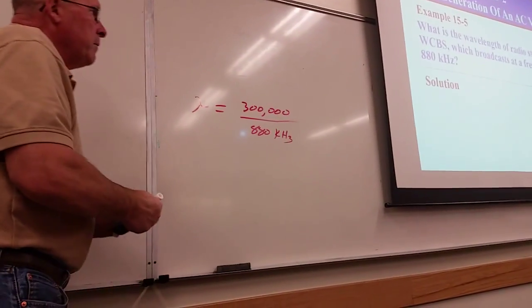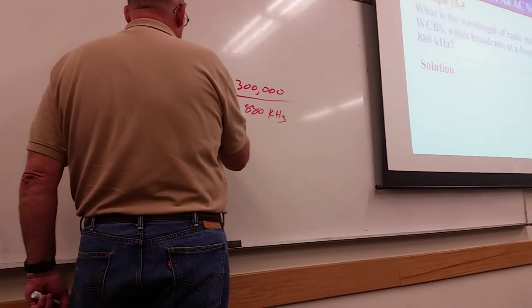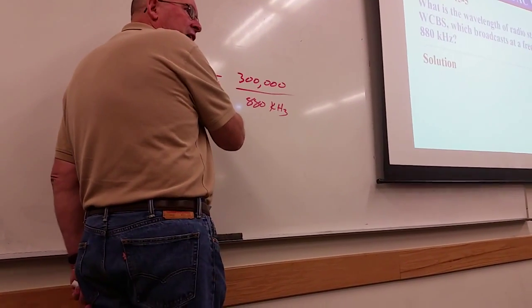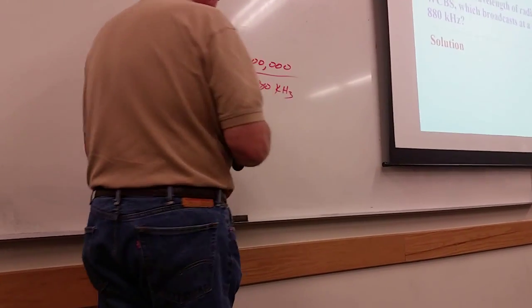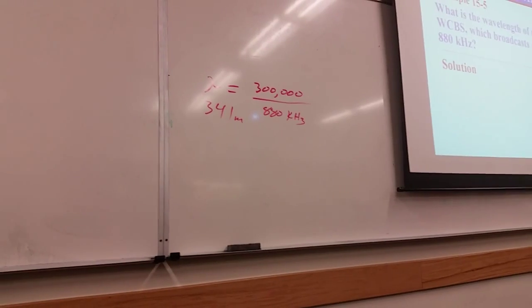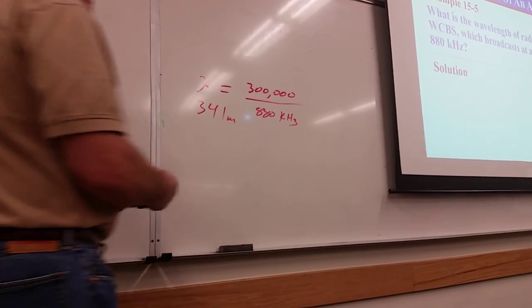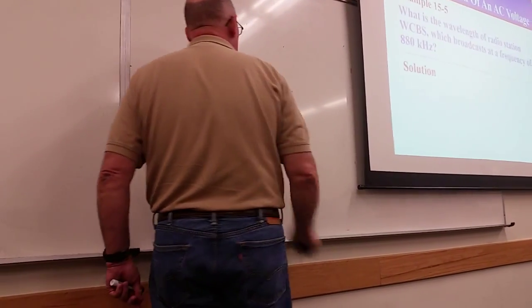And what do you get? What? I still don't hear you. 341. Now remember, if I had these 3 additional zeros here, these cancel, right?